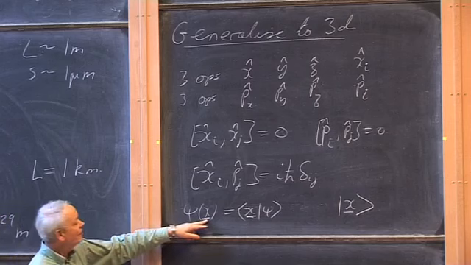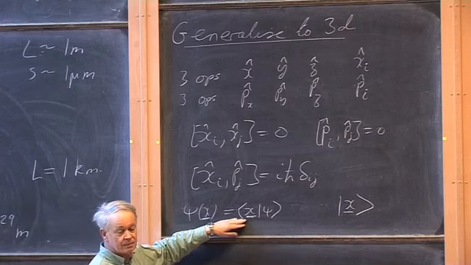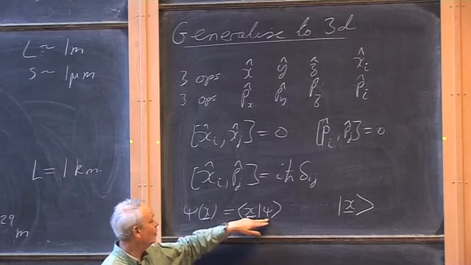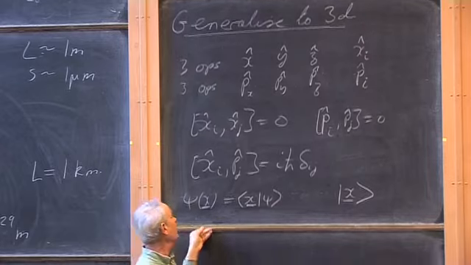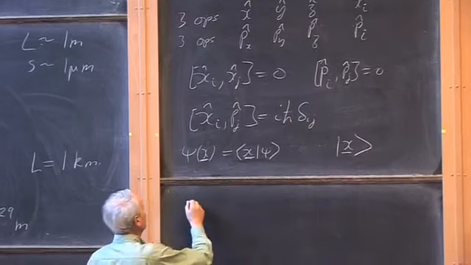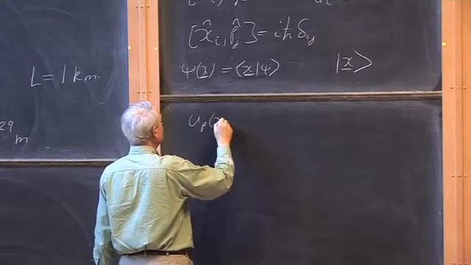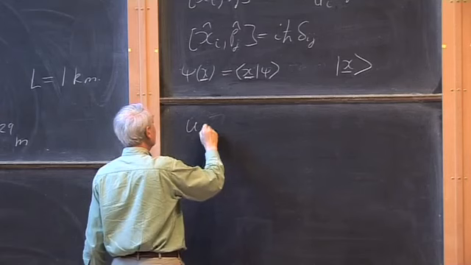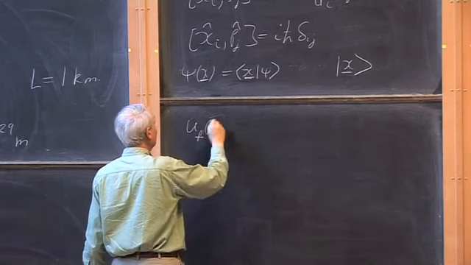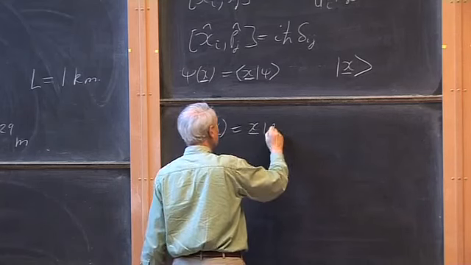Correspondingly, our wave functions become functions of x, y, and z because they become these complex numbers. That's still a complex number, but it's a function of x and y and z, the locations of the particles. Similarly, we have states of well-defined momentum, u_p of x.